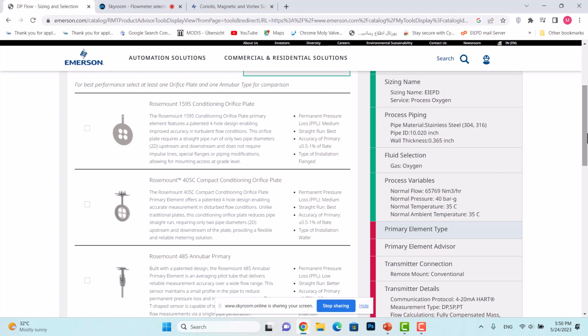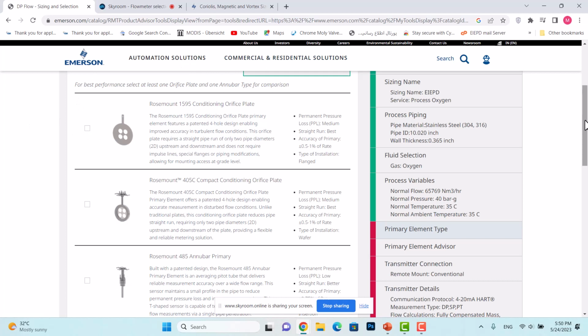But don't worry about these ones, because after this webinar we at EIEPD are going to release 3 comprehensive videos. Maybe those videos take 2 to 3 hours, I don't know. 3 comprehensive videos for different applications, and all of these options are going to be explained: why selecting this one or this one or this one.